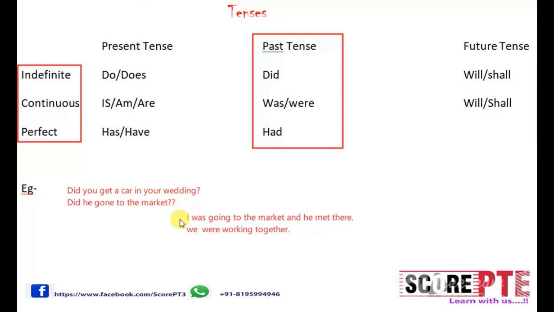What is it representing? It is representing past continuous tense. The work which was started in the past and is going on, it's not completed. Okay, so past continuous tense represents a continuous form of the sentence.